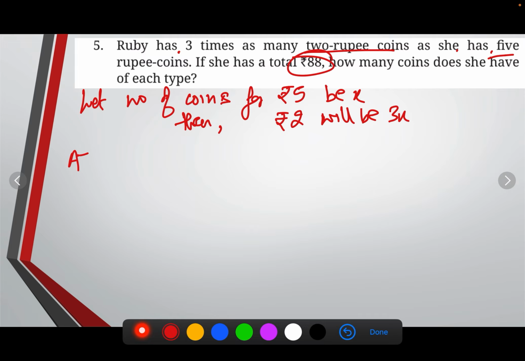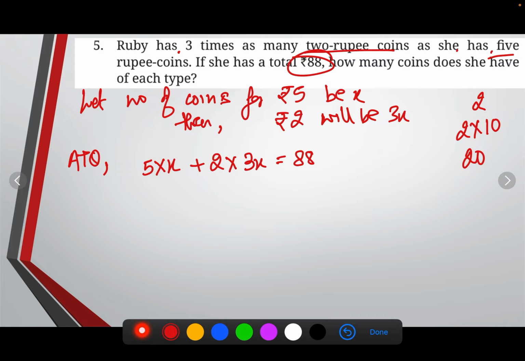So what is ATQ? I hope you understand that if I have a 10 rupee note, two 10 rupee notes, then it is always 2 into 10, which is 20. So whenever there is a denomination question, what we do is 5 into x, 2 into 3x, that turns up to 88.